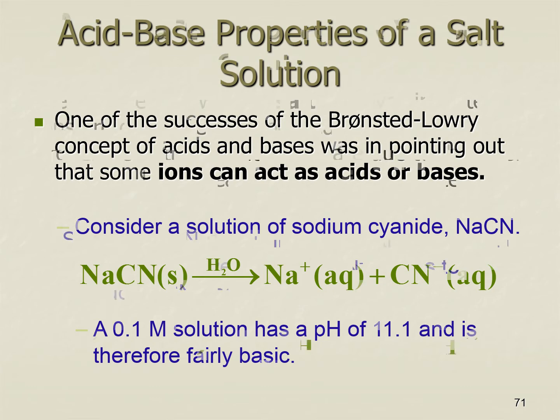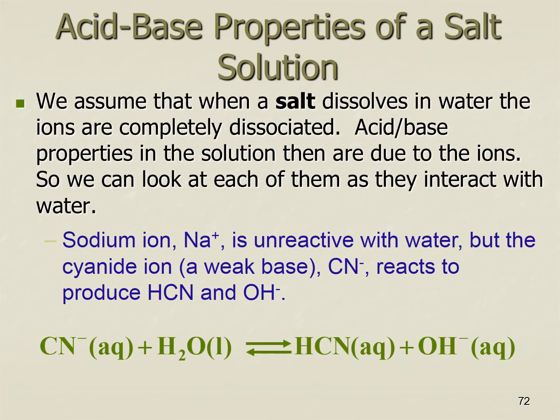So let's look at this a little more closely. Why is that? Again, the sodium ion is unreactive with water, but because the cyanide ion is the conjugate of a weak acid, it will react. Remember, a weak acid doesn't really like to give away its H+ very much. So if you have the conjugate of a weak acid, CN-, it's pretty willing to accept an H+ back, because it's a tug of war for an H+.